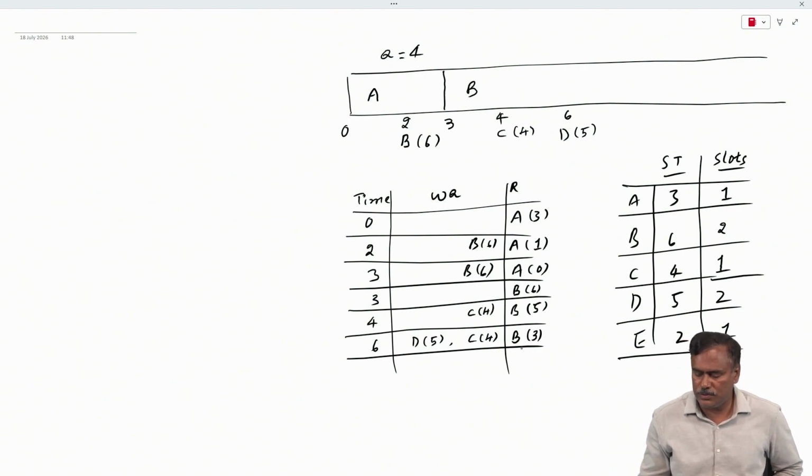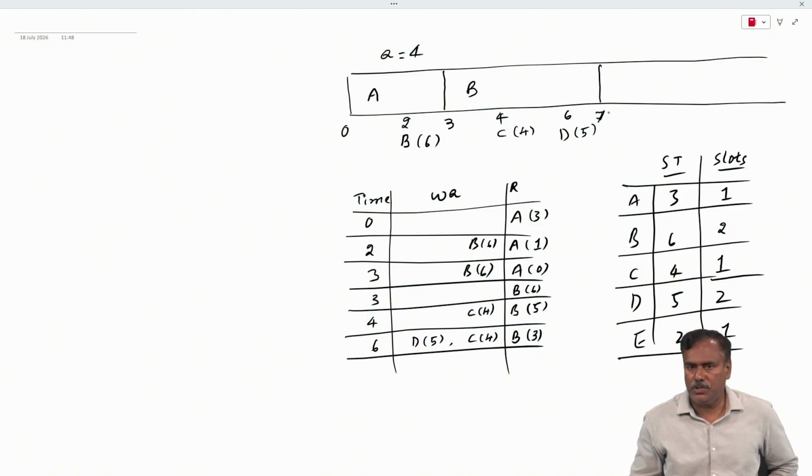Process B can be executed only for the completion of its slice time, and it started at 3, so it runs until the 7th interval of time. Process B is going to be partially completed.